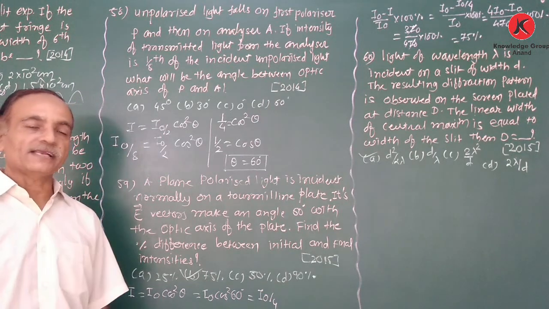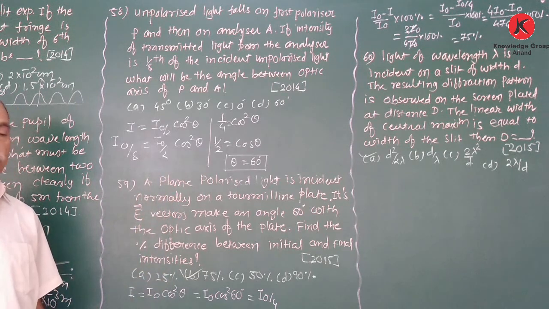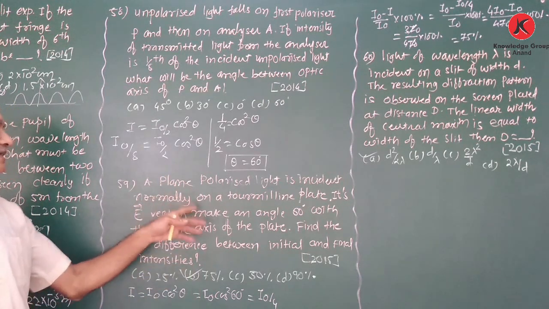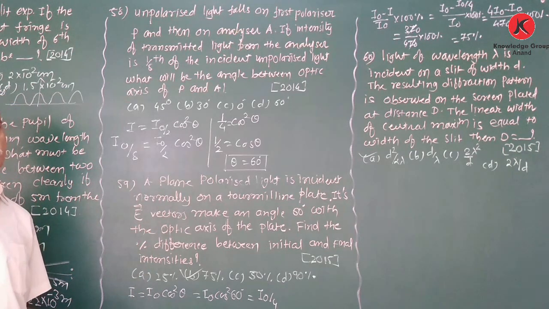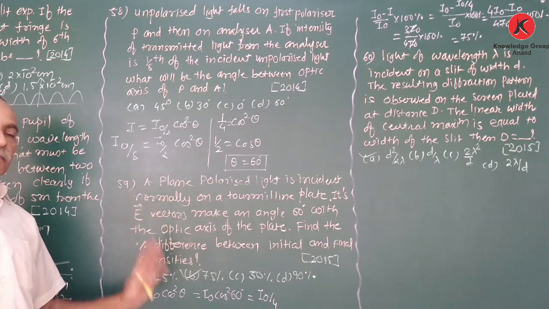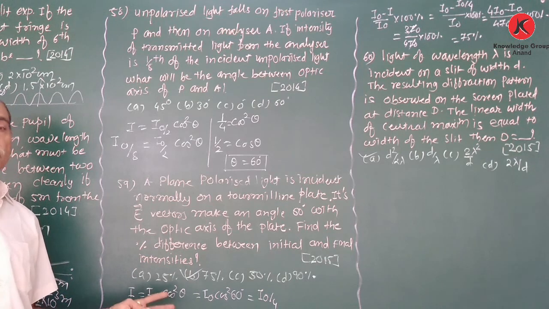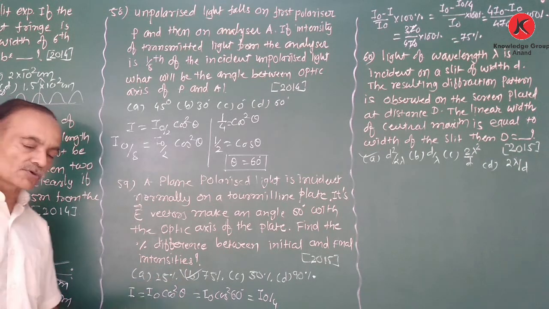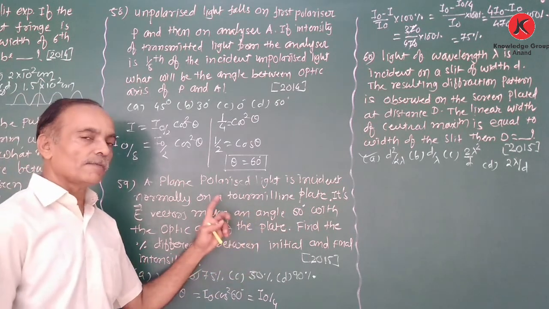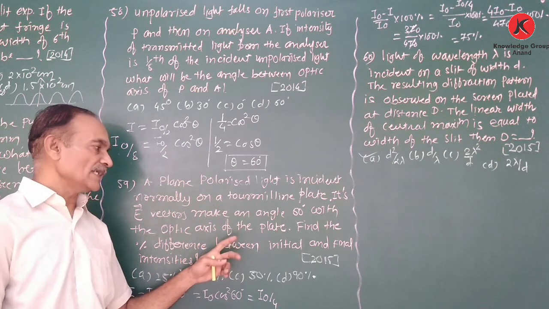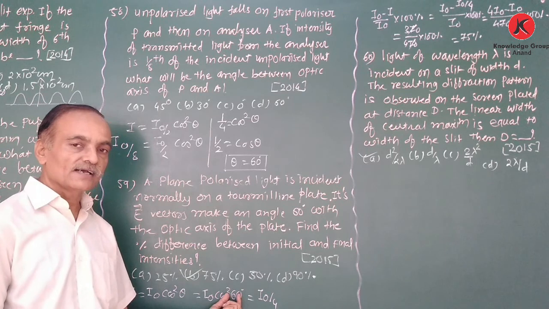First, find out the final intensity. Now here, a plane polarized light is incident normally on a polarizing plane. Its E vector makes an angle 60 degree with the axis of the plane. Then, find the percentage difference between the initial and final. Initial intensity is I0 and what is the final? So here I is equal to I0 cos square theta. Theta is the angle between the E vector of plane polarized light and the axis of polarization.